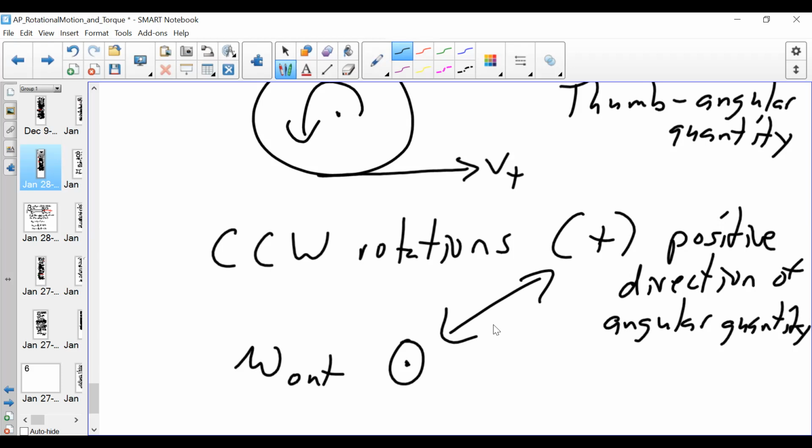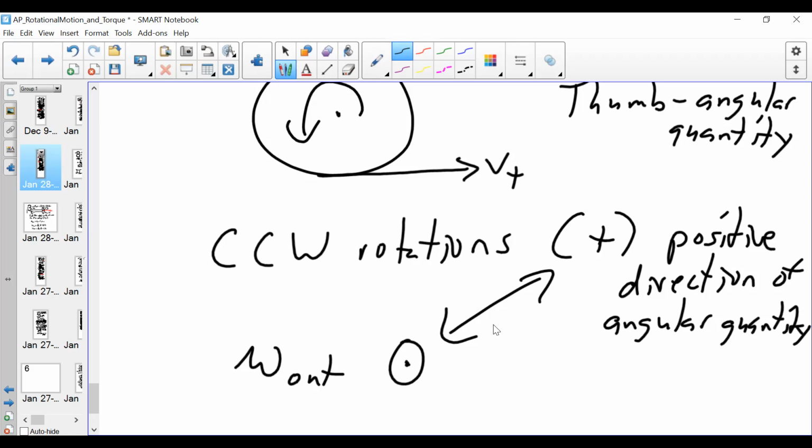It's going to be very important when we get to torque. So if we have a counterclockwise torque, that torque is going to be positive. If we have a clockwise torque, that's going to be negative. So any angular quantity, that's why I just generalize as angular quantity. That can be angular velocity, angular acceleration, torque, angular momentum.